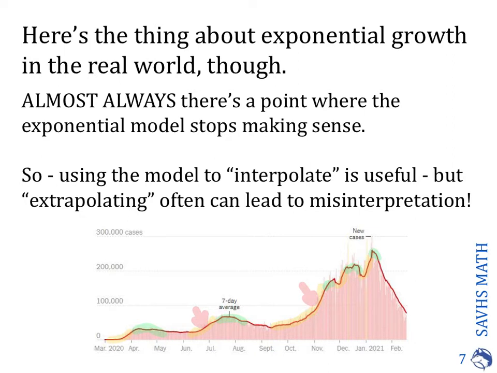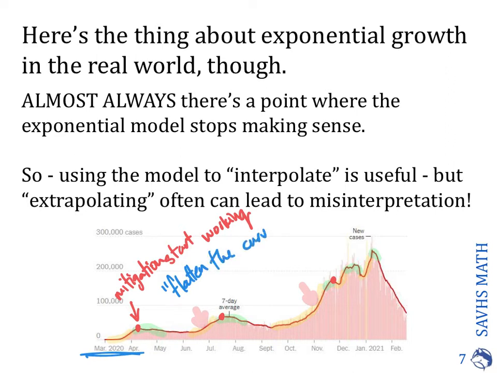Obviously, this is that coronavirus example. When we think about what happened here, or here, those are the spots where the mitigation strategies start working. If you think way back to March and April of last year, Governor Walz or whoever else was talking about flattening the curve. Flattening the curve refers to taking an exponential growth thing and slowing it down, so now it's not as exponential anymore.